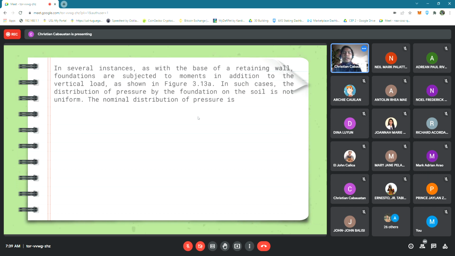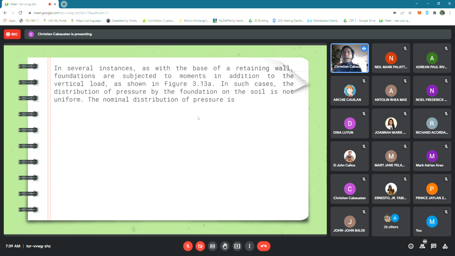We can see there in figure 3.13a. In such a case, the distribution of pressure by the foundation on the soil is not uniform. For lesson 1 and lesson 2, we only studied the foundation with respect to a uniformly distributed pressure.